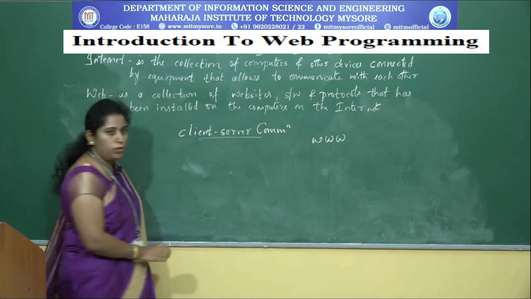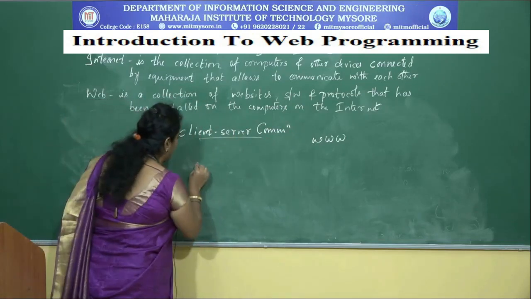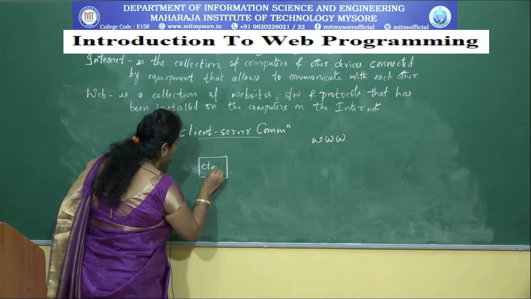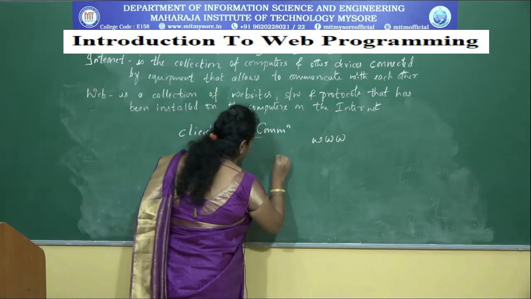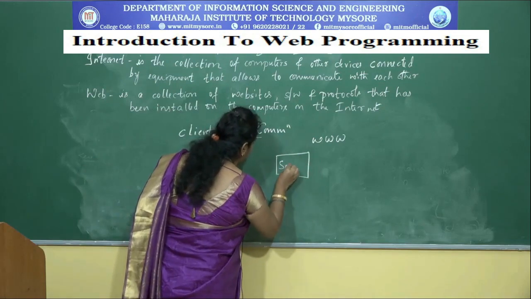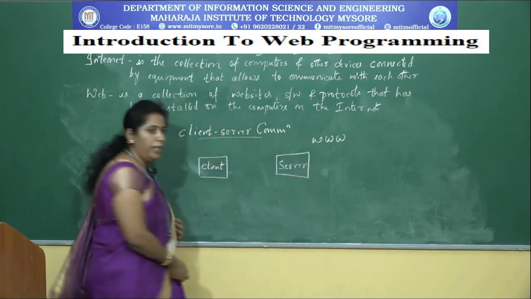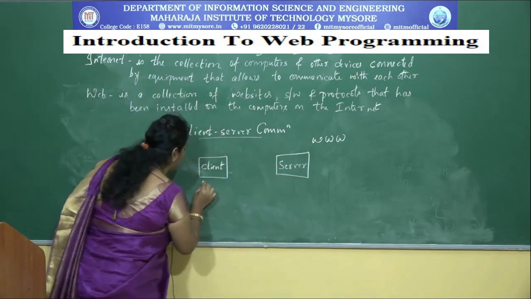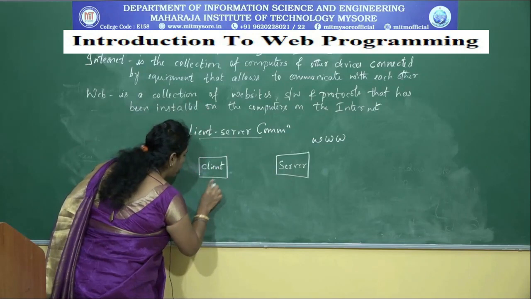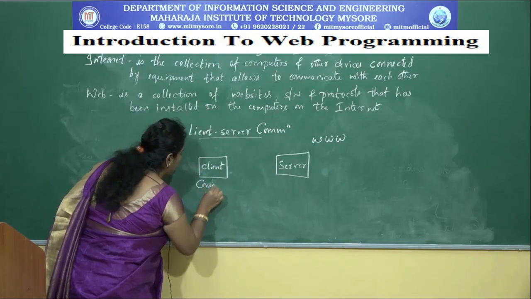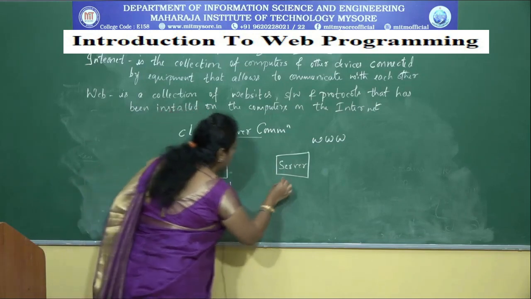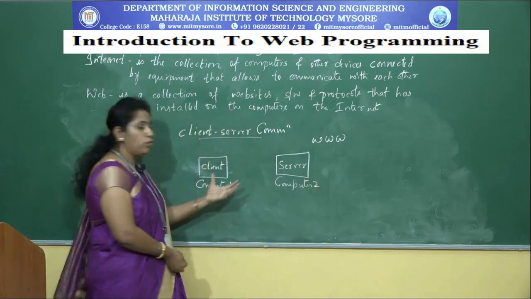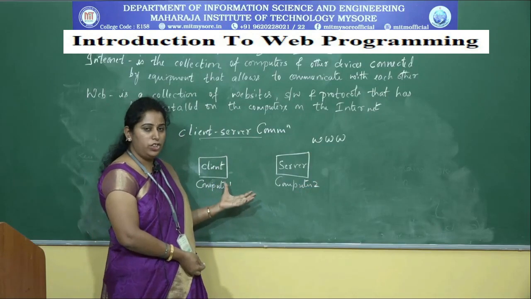What do you mean by a client server communication? Assume this is client and this is server. This is computer 1 and this is computer 2, and these two computers want to communicate with each other.